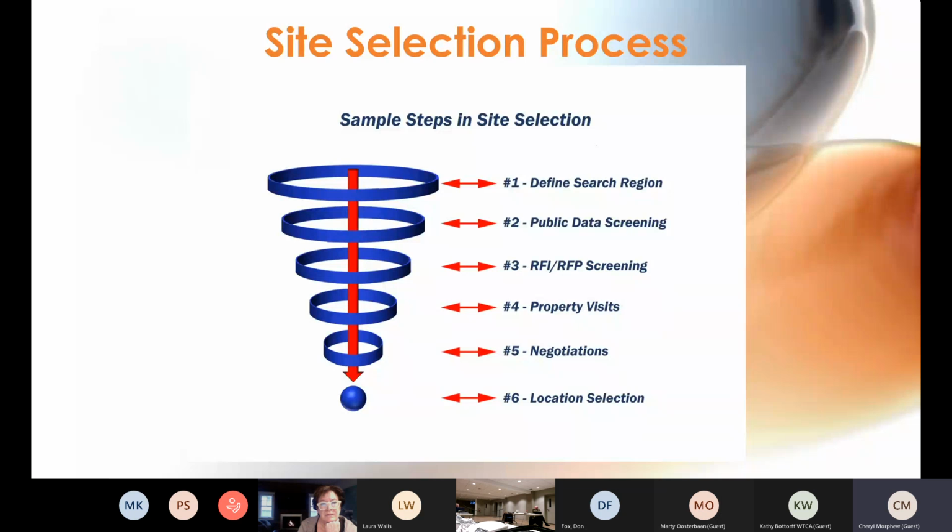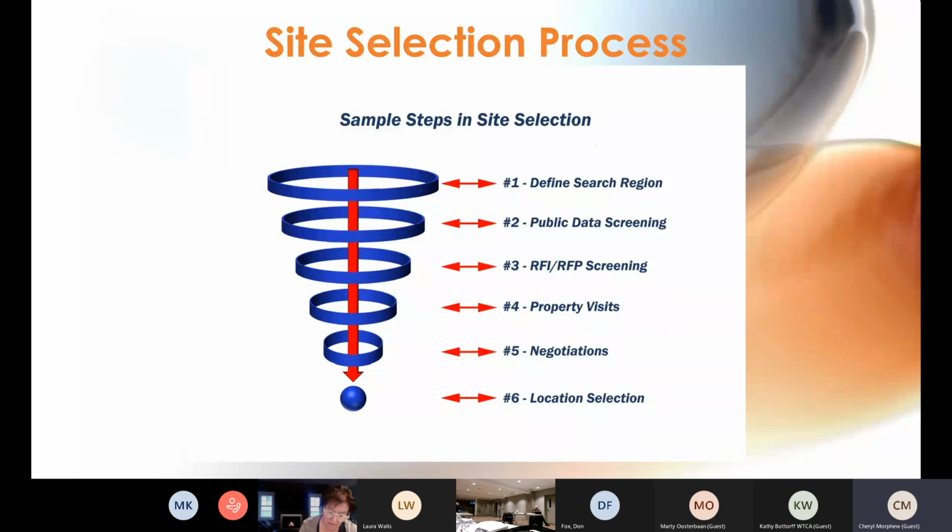But what happens is a company is looking to either site a new location or expand into a new market. And many times they'll hire a site selection firm to do the groundwork and the data collection for them, so that key leadership is not trying to run the company and do this at the same time.